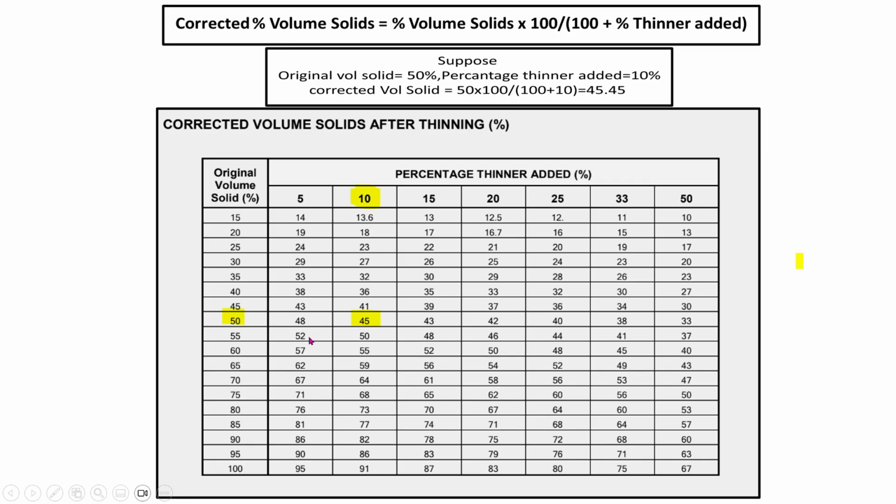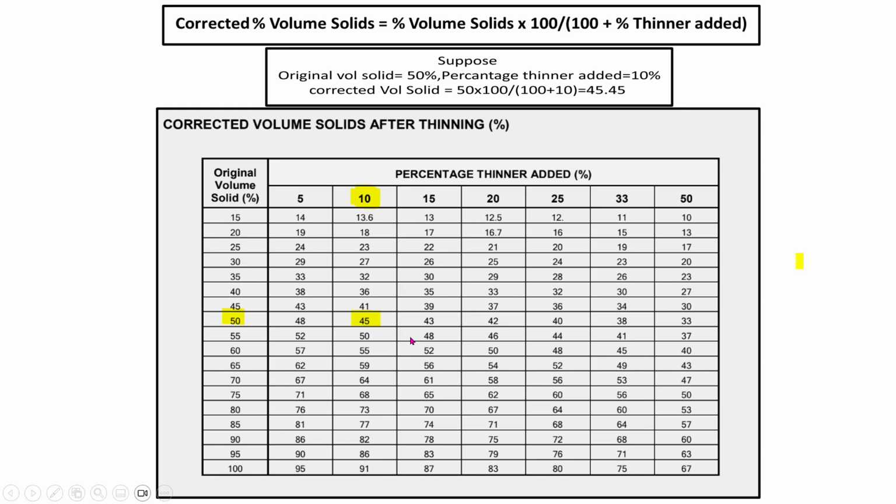So you can see the original volume solid is 50%, and then the percentage of thinner you have to add is 10, which gives 45.45. You see here in the calculation also, it is coming 45.45. Here you are directly getting the percentage of thinner, and after this will be your new volume solids.